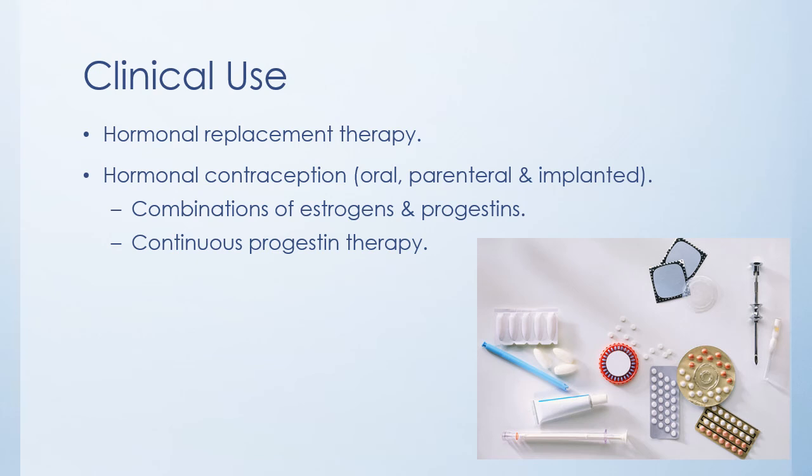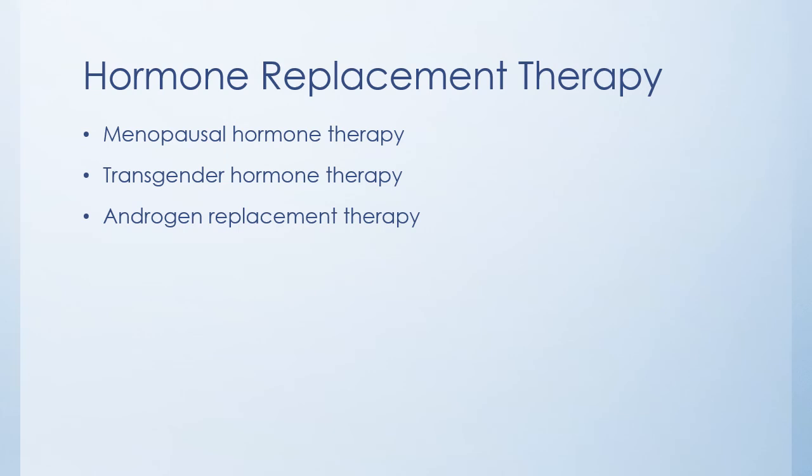And if we understand the menstrual cycle, we should be able to understand the hormones that we use in hormonal contraceptions. Alright, so these are types of hormone replacement therapy available. You have menopausal hormone therapy. You also have transgender hormone therapy, and there's androgen replacement therapy.